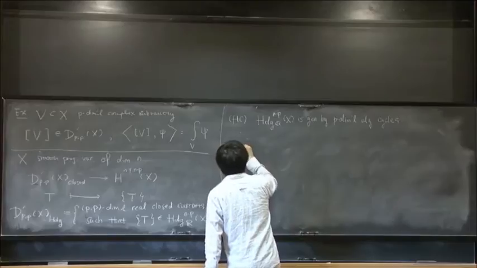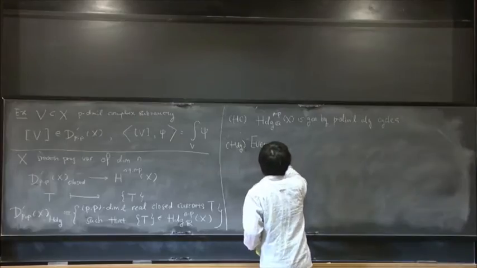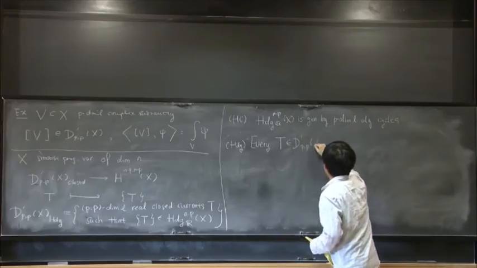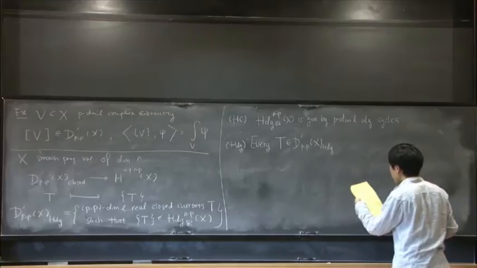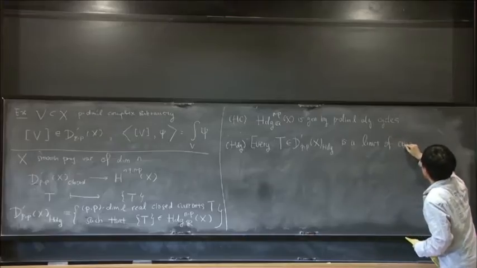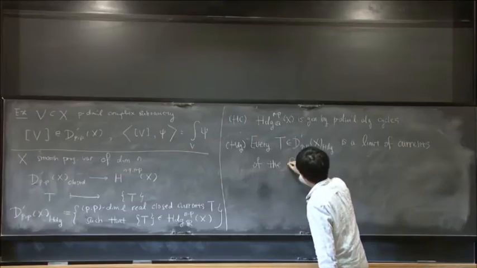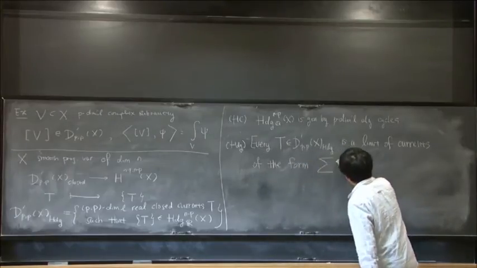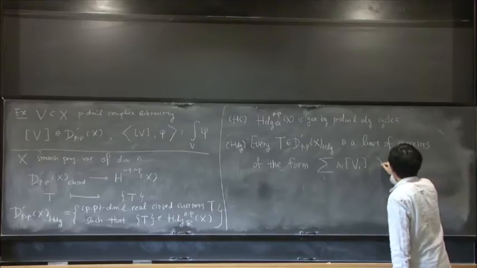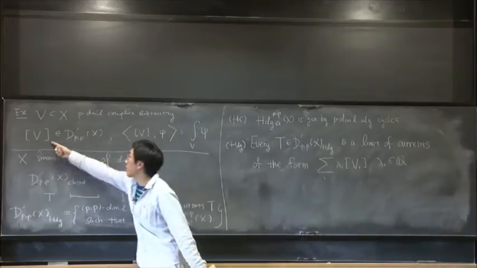And the second condition, which I'll simply write as Hodge, says that every current in this space, D'_{pp} of X, is a limit of currents of the form sum of lambda_I [V_I], where the sum is over I and lambda_I are rational numbers. So these brackets [V_I] are currents defined by algebraic subvarieties.